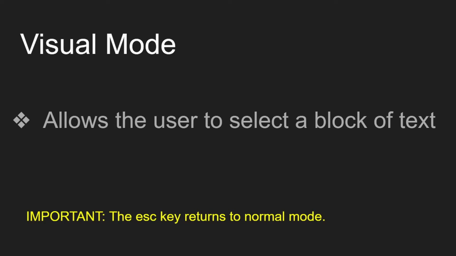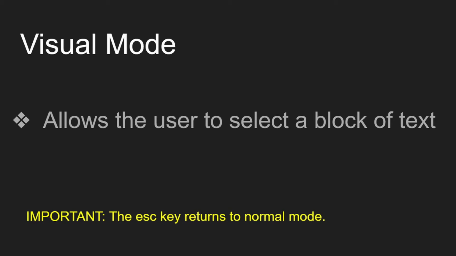Visual mode allows the user to select a block of text. In the strictest sense of the word, the visual mode may not be essential, but it is very useful, so I'd like to show you an example of that one later on. A common problem for users new to Vim is to forget which mode is set. So an important point to remember is that pressing the escape key returns to normal mode.